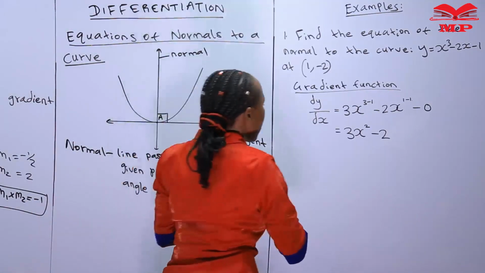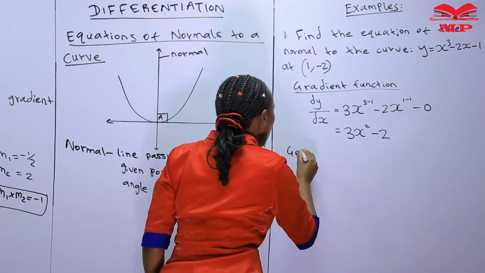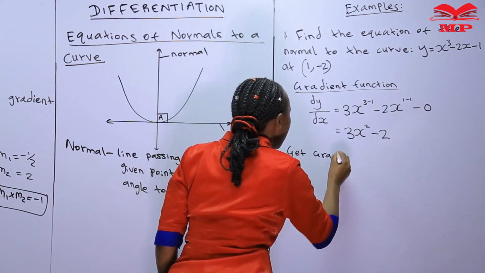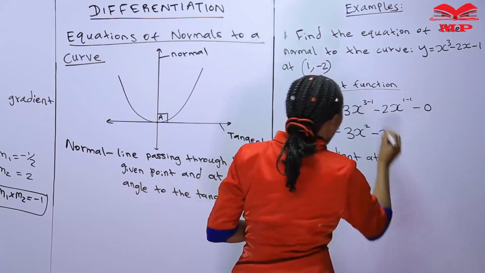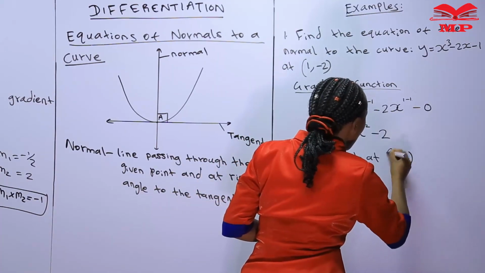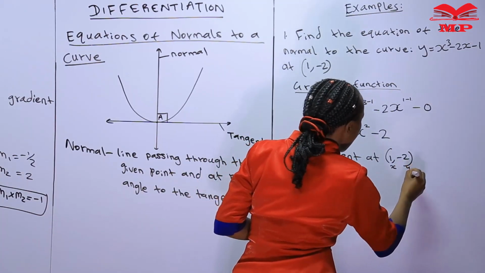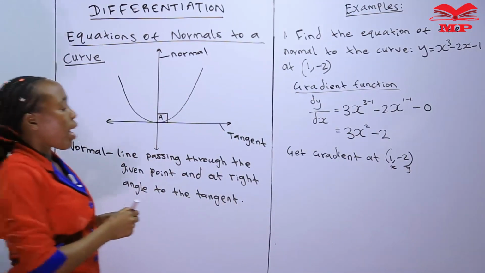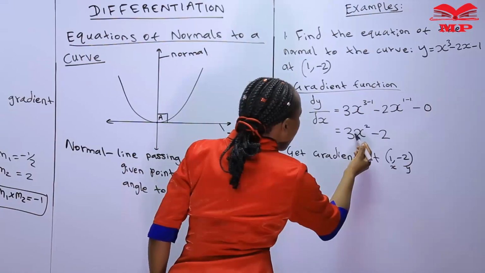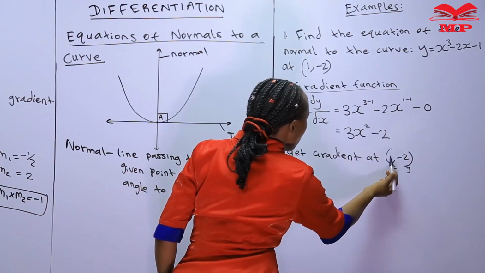Then, after getting the gradient function, we need now to get the gradient at the point (1, -2). So where we have x, we substitute with 1.